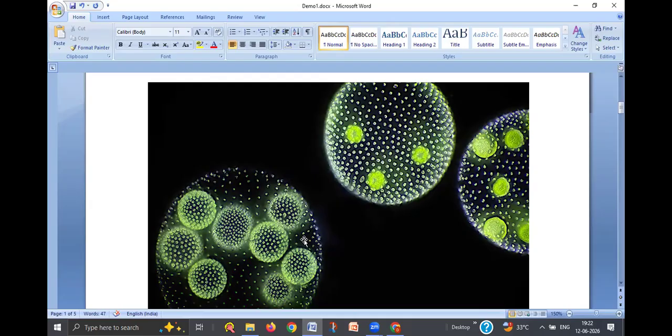As we discussed earlier, it might be unicellular, like Chlorella, non-motile, or multicellular. But here you see, this is a colony. There are several unicellular organisms, just like Chlorella. They form a colony and live together. They are independent, just like our apartments.